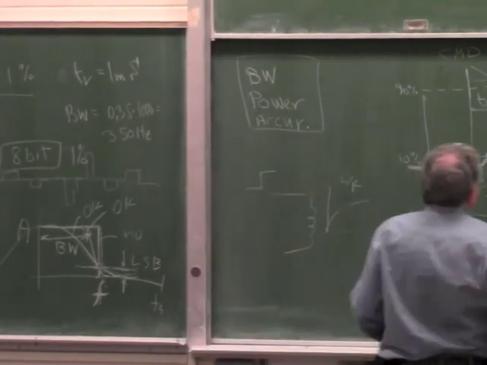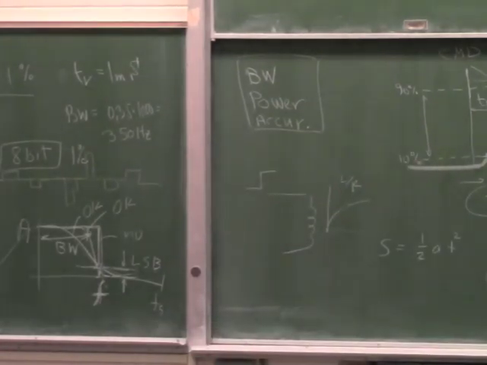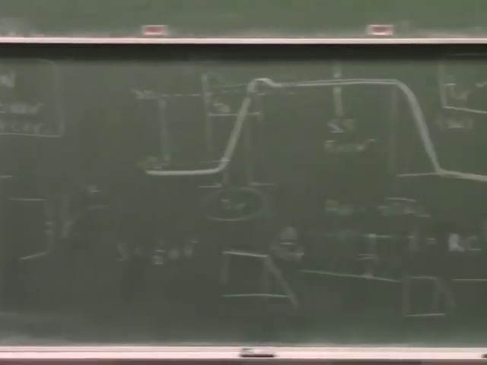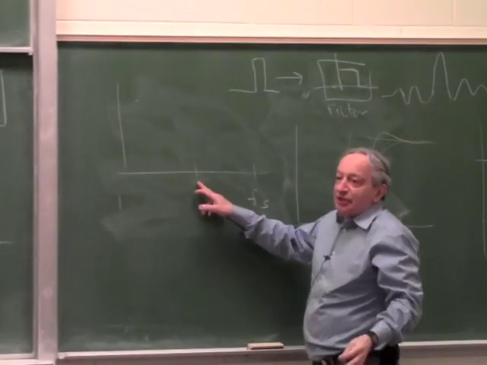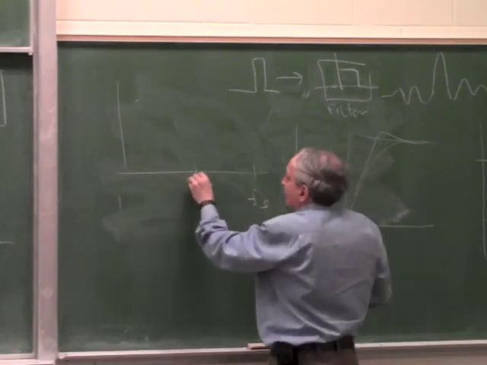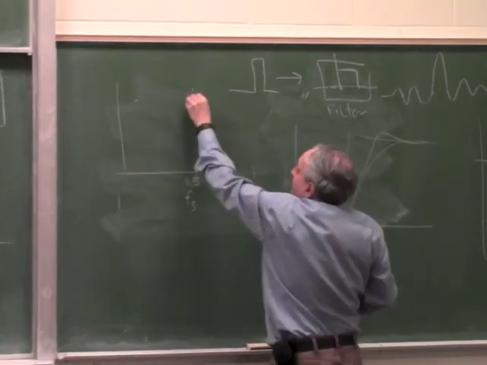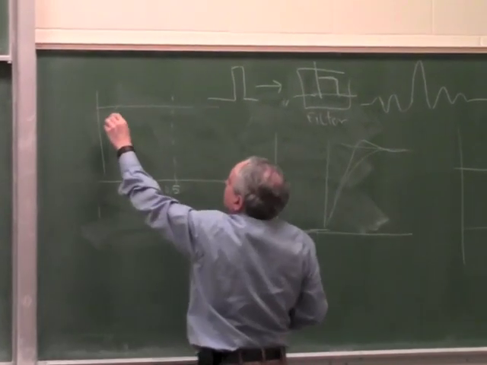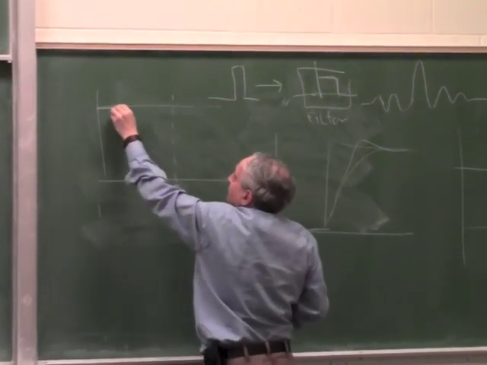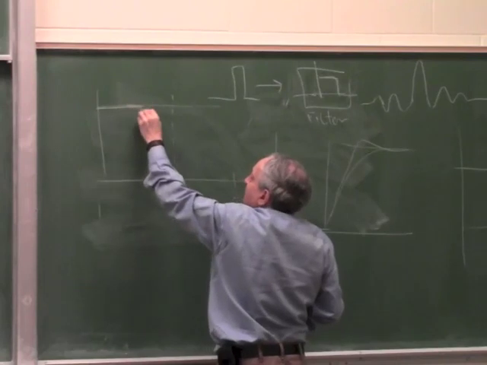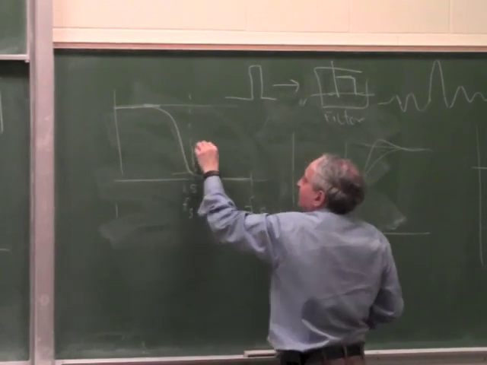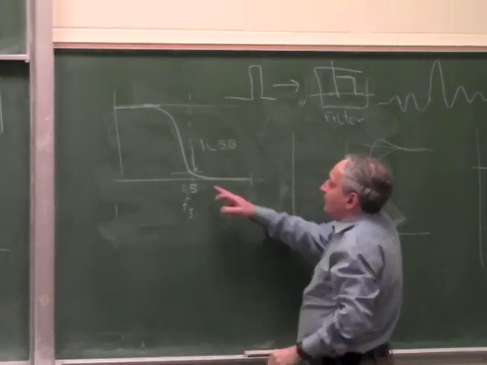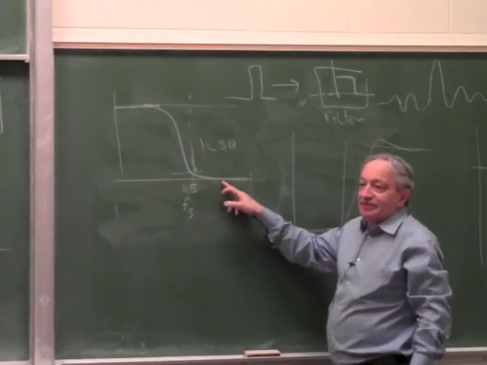Now to summarize all that, when you come to choose a filter for a servo system, if this is F sampling for a digital system, and this is the highest frequency I can use in this system, which is 0.5 of F sampling, my filter should be like this. It should be as flat as possible, nicely rounded, but whatever it does, it should be not more than 1 LSB at this point, because anything above there will be aliased.